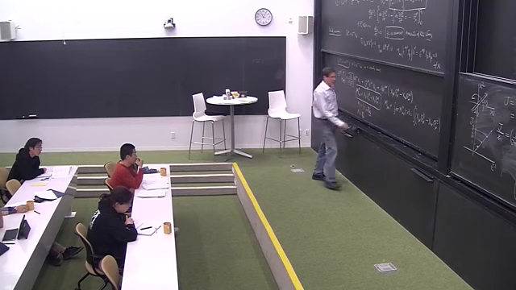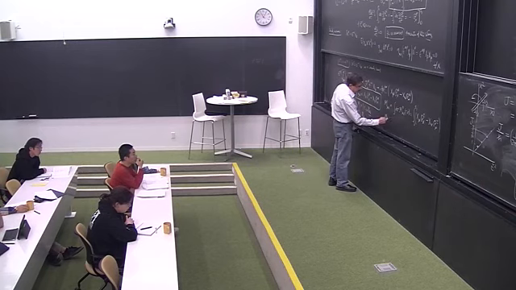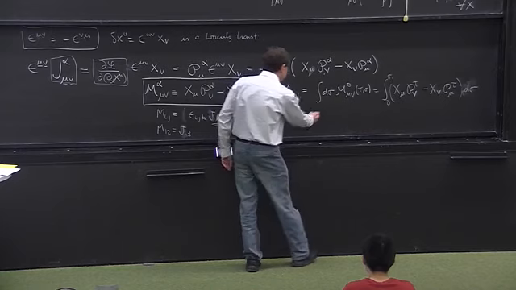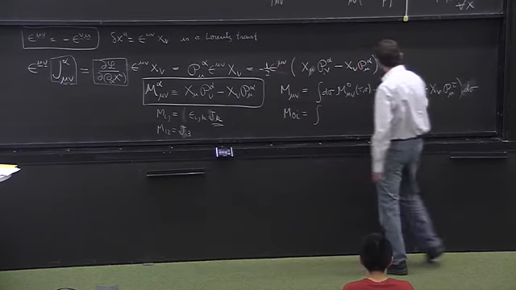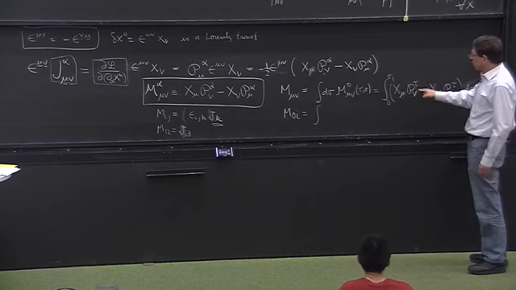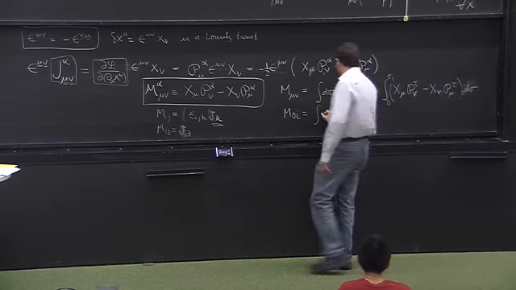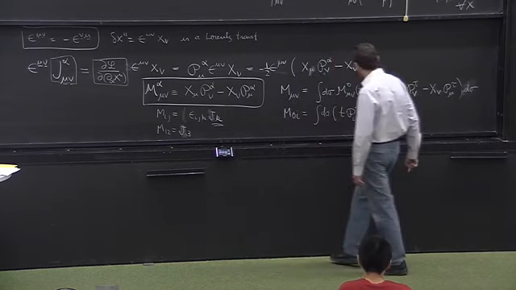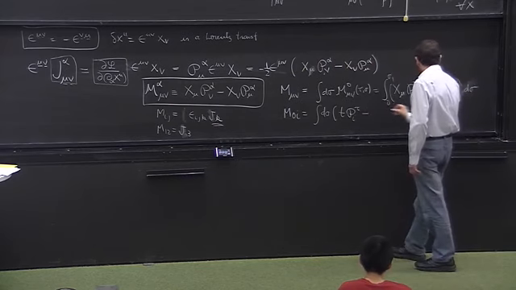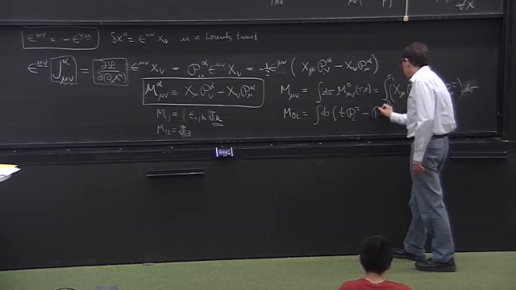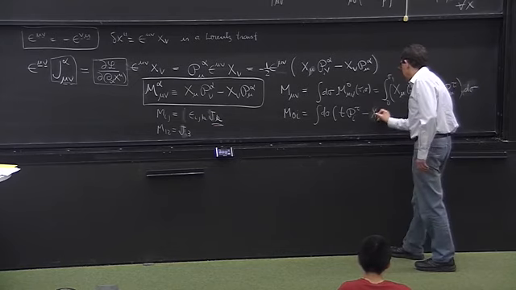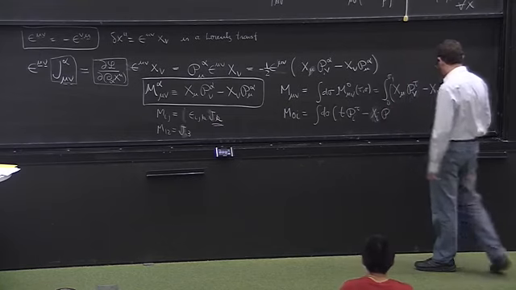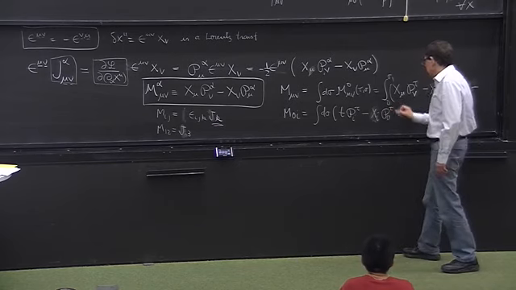So you would have the generators M0I here, and they would be products of sometimes time times, so suppose you are in the static gauge, you would have things like integral d sigma of time times p I tau, the I component of the density of momentum, minus x I times p 0 tau.